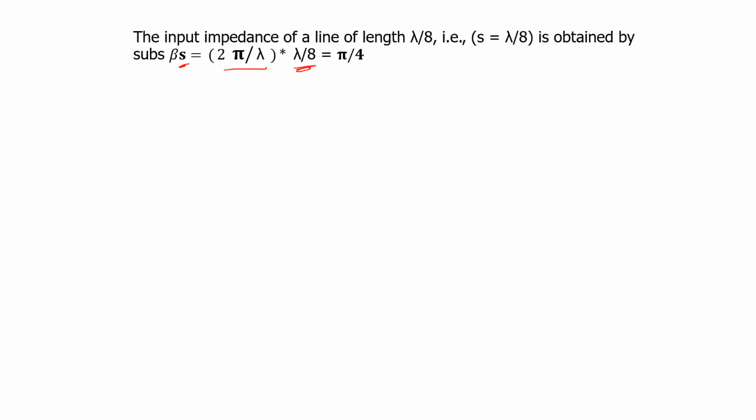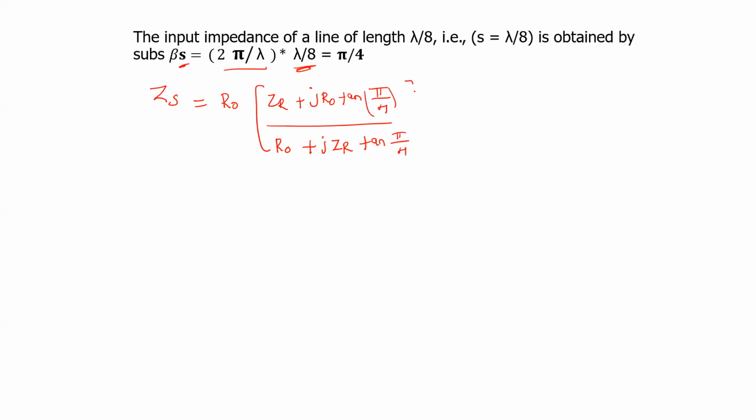Now, let us find the input impedance, which is given by ZS is equal to R0 into ZR plus jR0 tan beta S divided by R0 plus jZR tan beta S. Beta S we have determined as pi by 4.